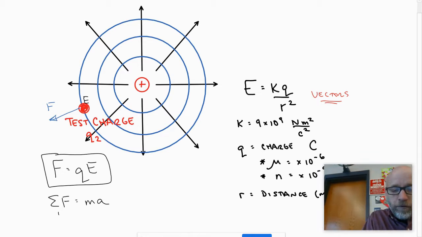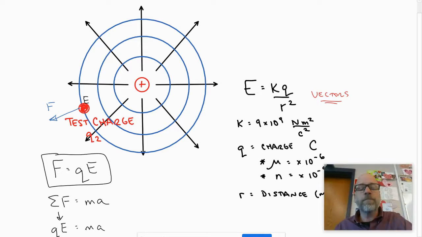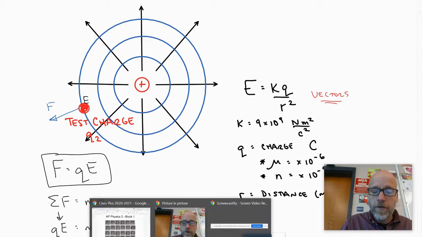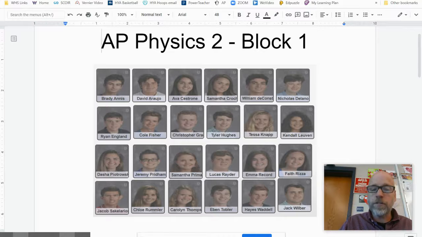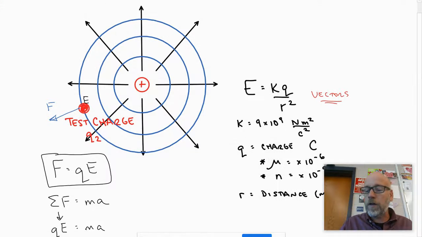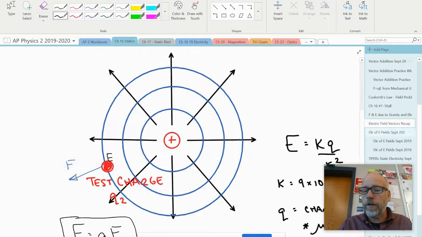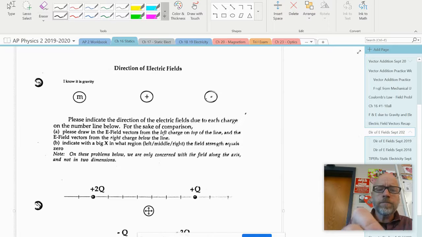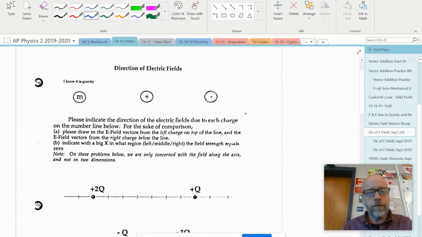And that force, you got it, is going to be qE causing the mass to accelerate. All right, again, a little bit of foreshadowing. So if you could go to that worksheet that we have, and I'm going to talk you through some of it, and we'll do some of them together. Sound good? So if I pull that up, here it is. My vision is a little blurry here, but let's talk through it.